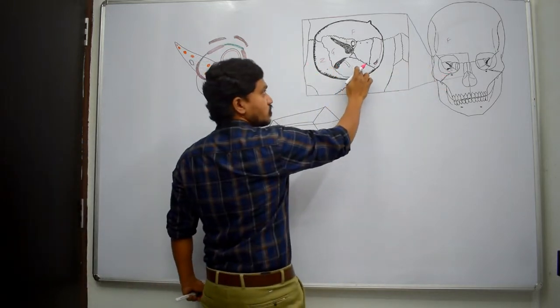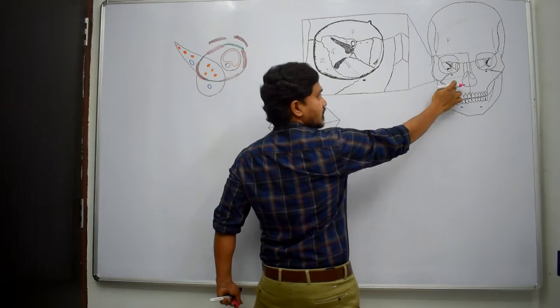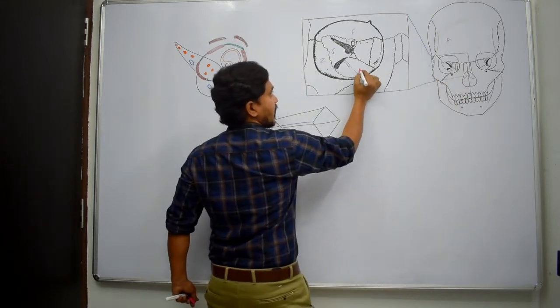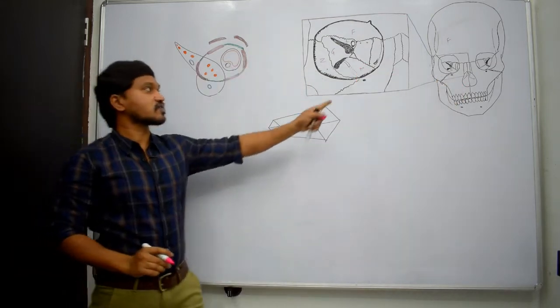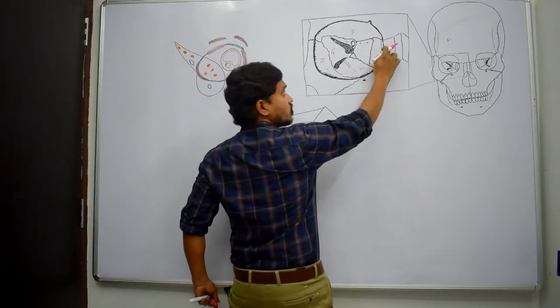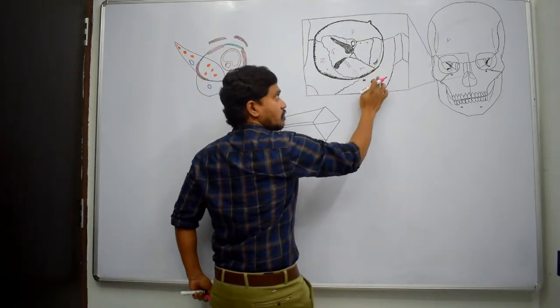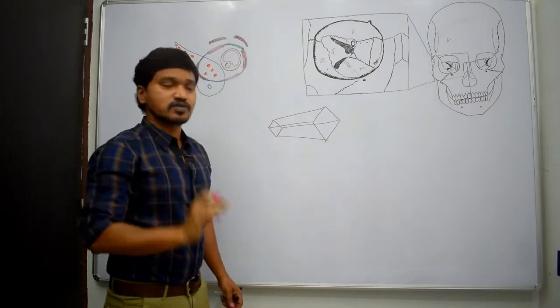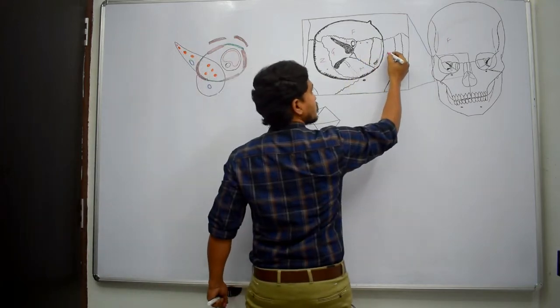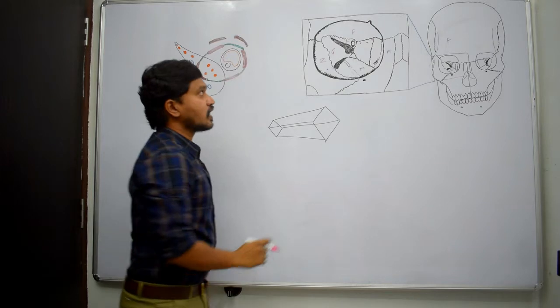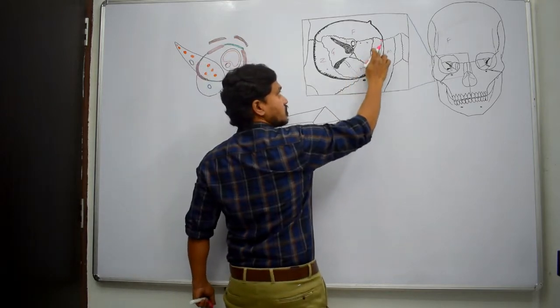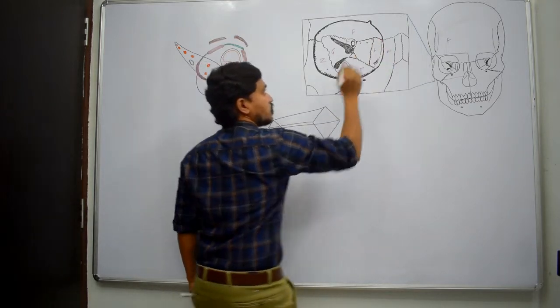And what is this bone? Maxilla. This is the orbital surface of maxilla. And what is this bone? This is also maxilla, but which process? Frontal process of maxilla. And this is the lacrimal bone.